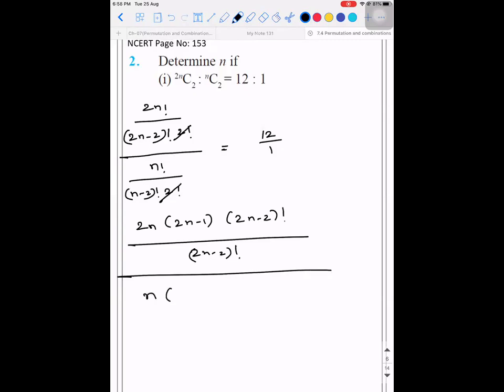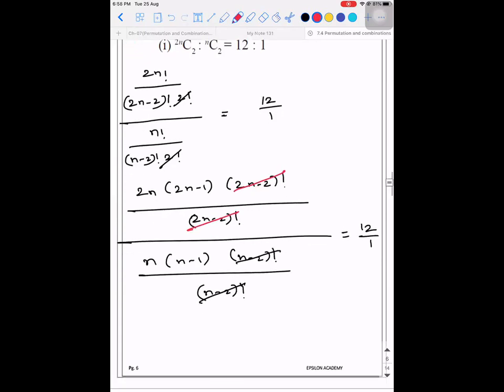I can write it as n into n minus 1 into n minus 2 factorial by n minus 2 factorial. Can I write it like this? It is equal to 12 divided by 1. So n minus 2 factorial gets cancelled. Similarly, 2n minus 2 factorial gets cancelled.